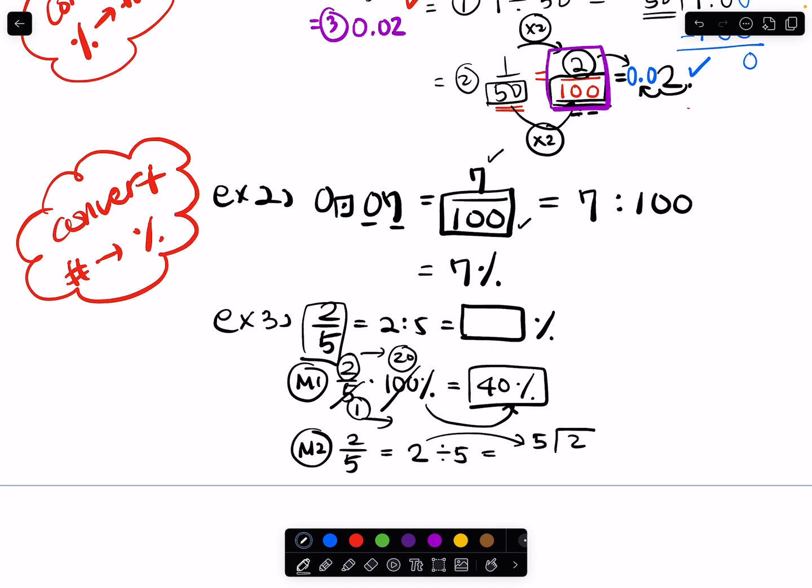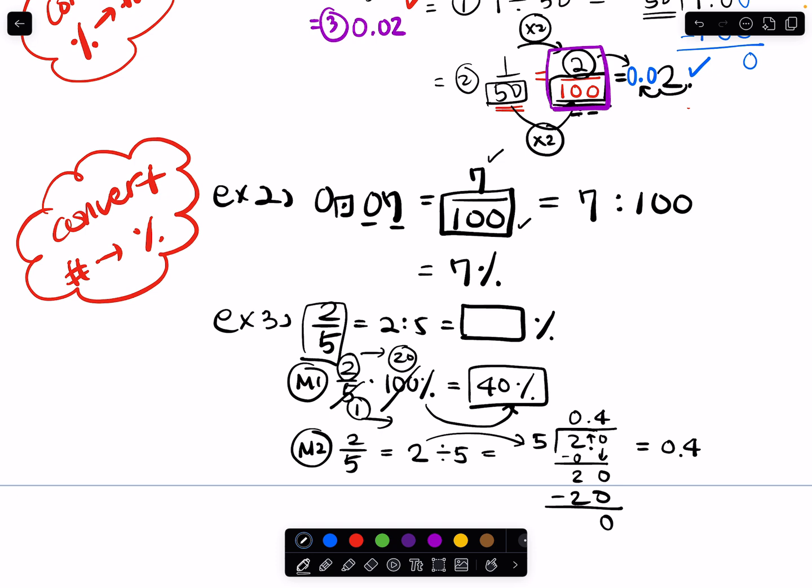Obviously, 5 does not go into 2, therefore 0 times. After the ones digit, there's a point. Bring it up immediately. It doesn't go in, so therefore 0. Annex a 0 down with the 2, and that is 20. 4 times 5 is 20, remainder 0. So therefore, 2 over 5 is 0.4.